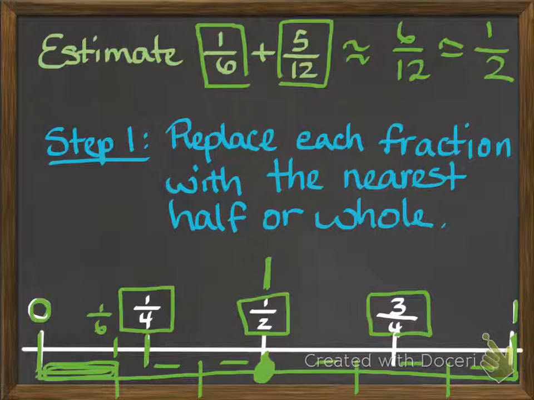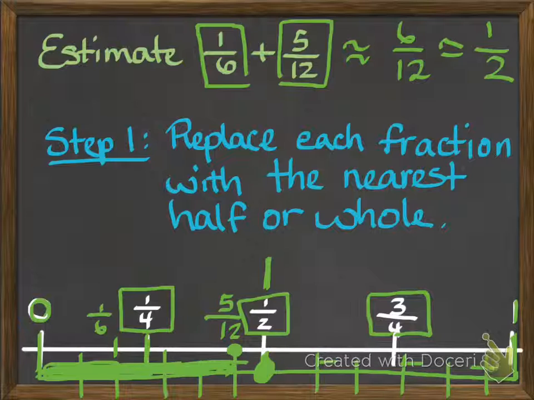So I know 5/12 is going to be just a little bit less than a half. If changing 5/12 to 6/12 was confusing, I could break this down into 12 pieces, and then I could count over 1, 2, 3, 4, 5, and I see that 5/12 would go about here on the number line.